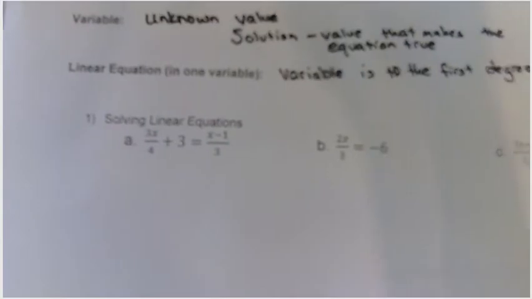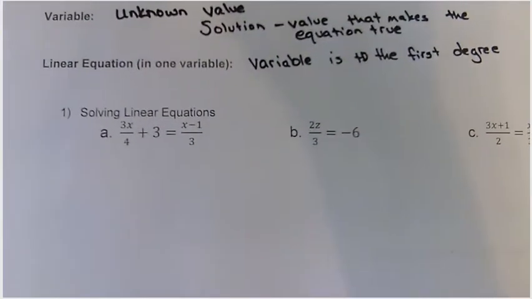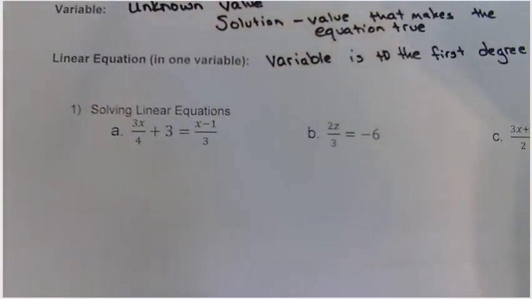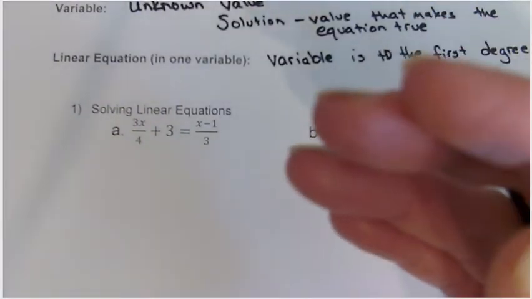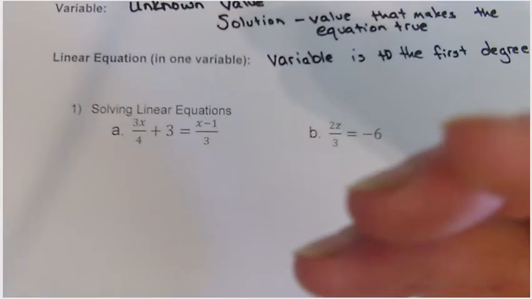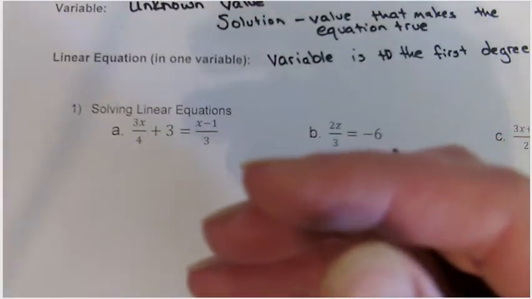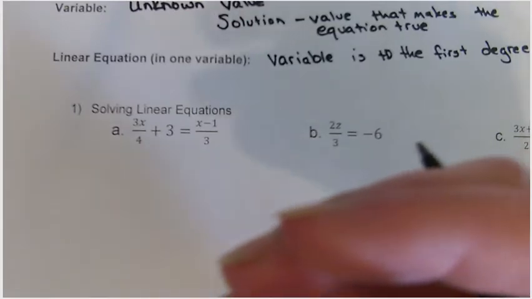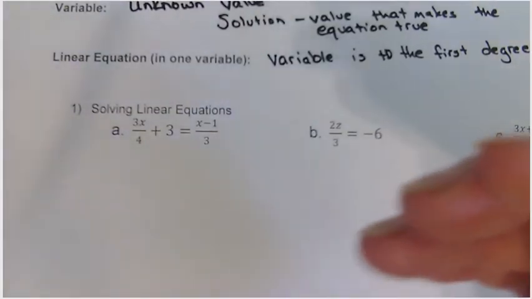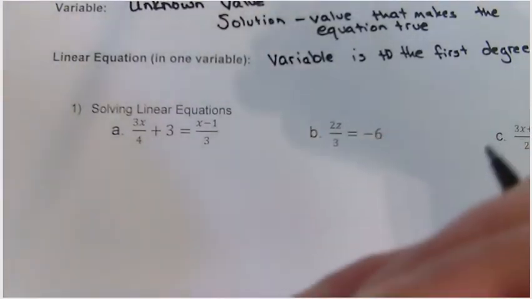Okay, so on the first equation, notice that we have fractions, and everybody hates fractions, I know. So there's a trick to getting rid of the fractions. I need to multiply by the least common denominator. So a denominator that both of these numbers could become by multiplication.